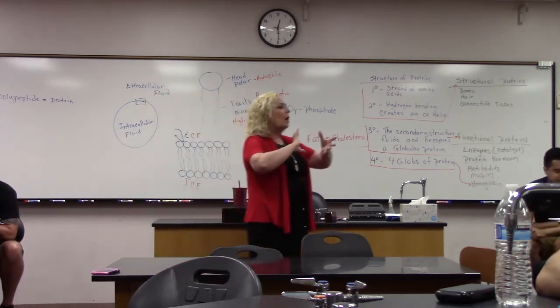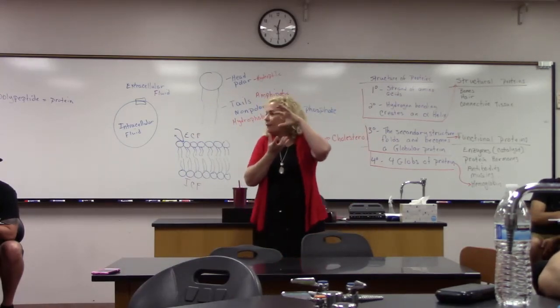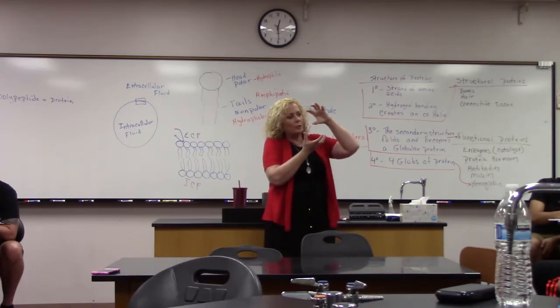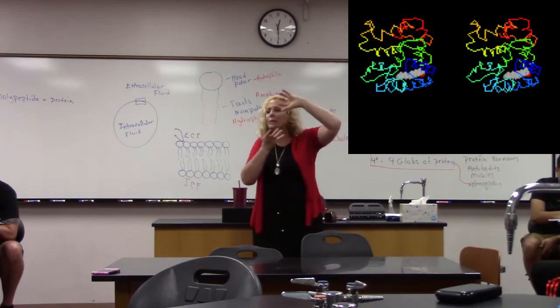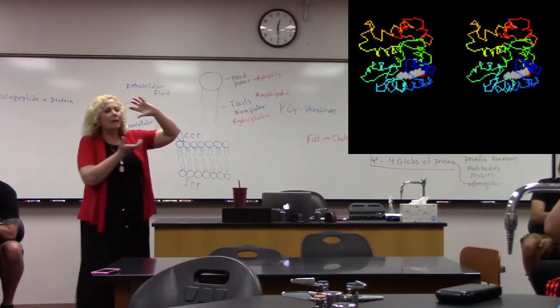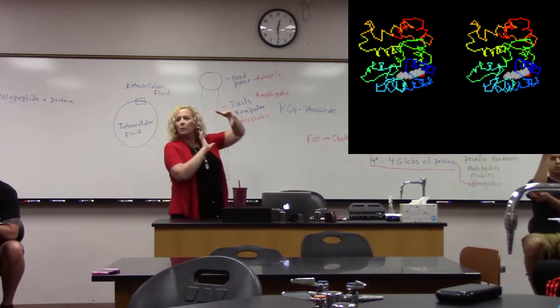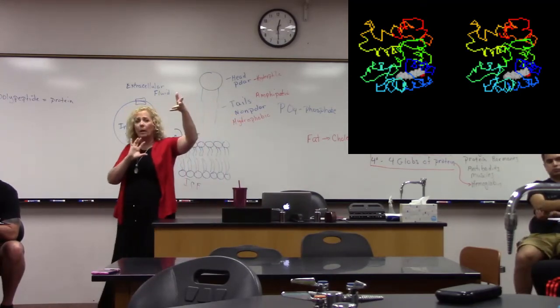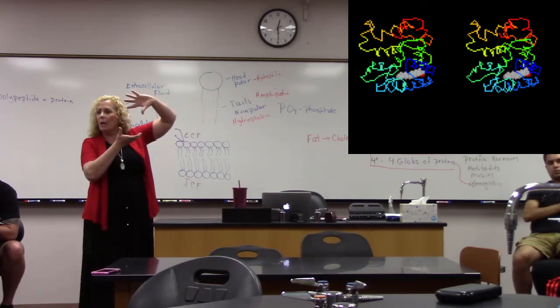Because hydrogen bonds create a certain shape, and if I break a few, not a lot, but a couple hydrogen bonds, I can get a totally different shape. So one shape with certain hydrogen bonds, and then when I break those hydrogen bonds, I get a second shape. Kind of like Transformers. One minute it's a car, the next minute it's a robot, right? Okay, so you can get your proteins in one shape, break some hydrogen bonds, get a second shape.